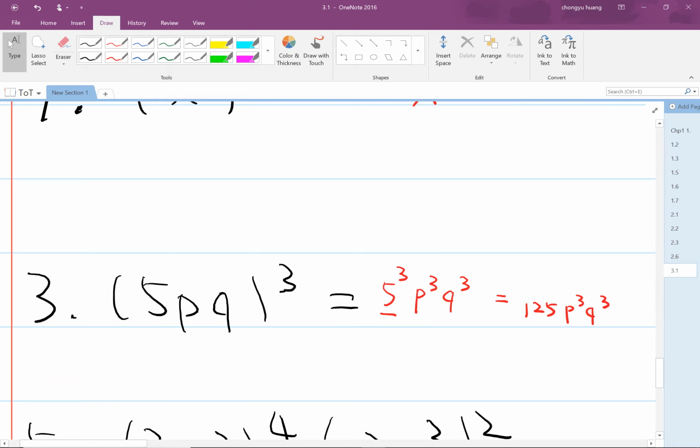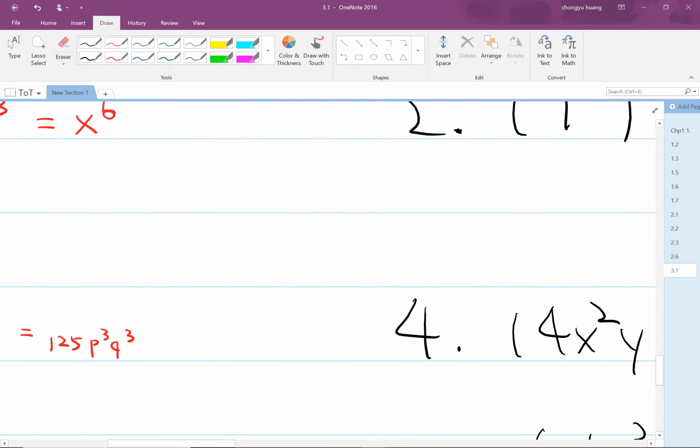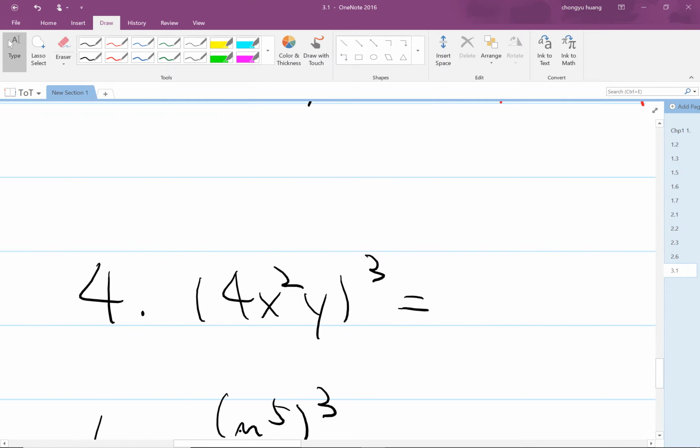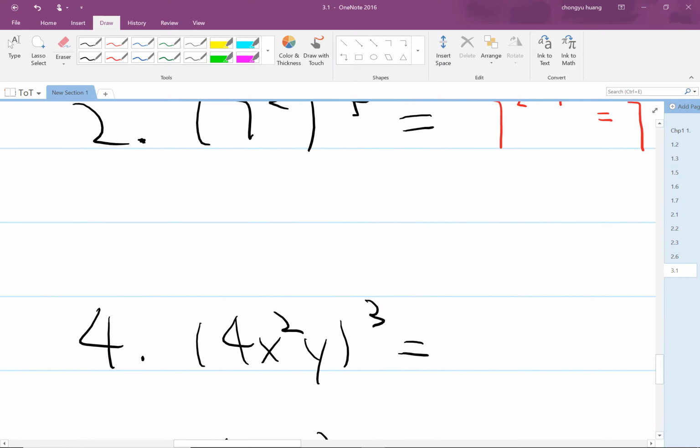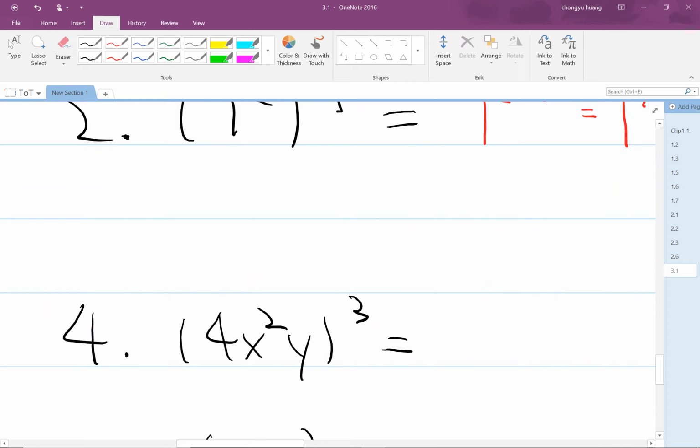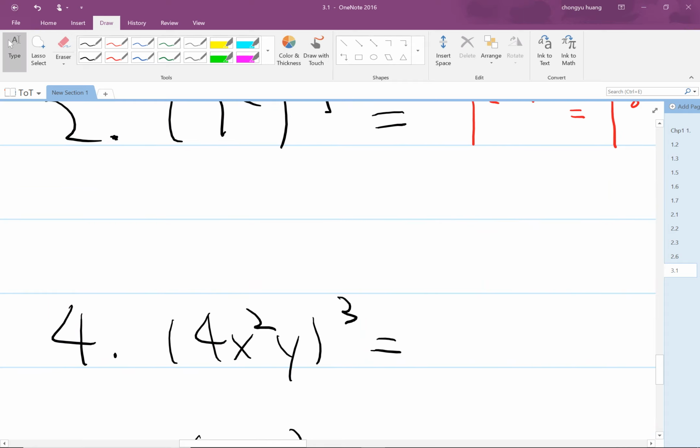Okay, so let's do question 4. Question 4 is also kind of similar to question 3. All we have to do is just multiply. We got bracket 4x to the power 2 y, bracket to the power 3.